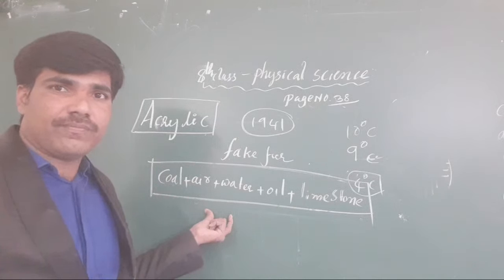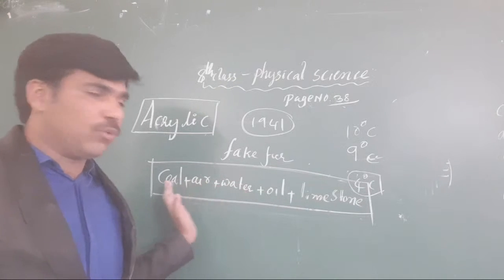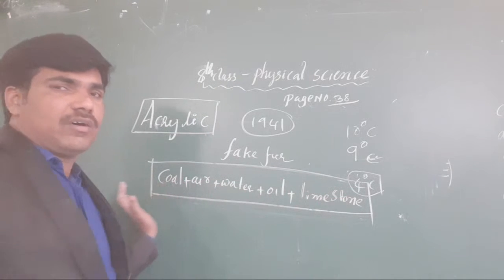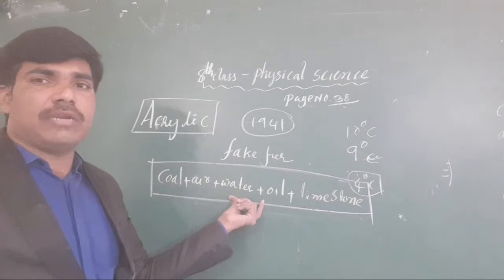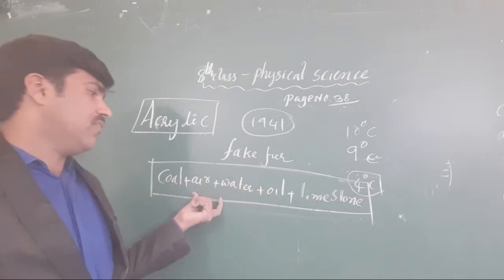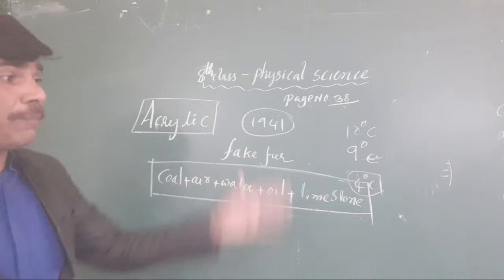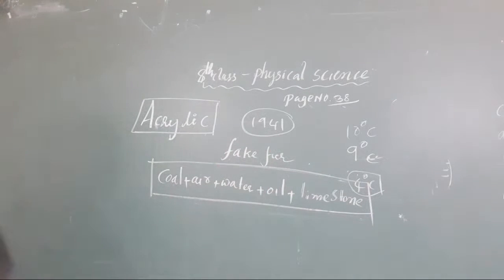We are required to add all the substances I have written on the board. We have to add all these things in a particular way now. How are we using all these things actually?